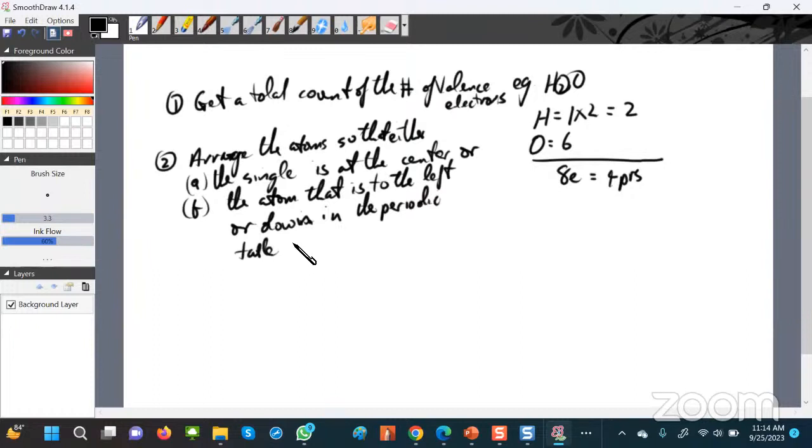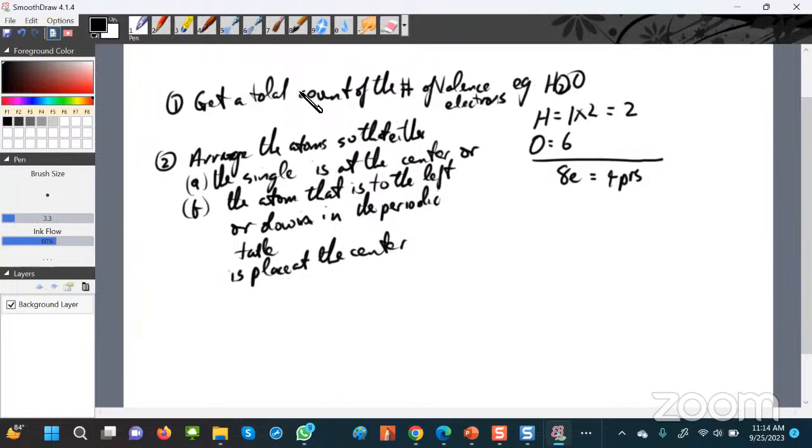Is placed in the middle. So let me write here, is placed at the center. All right, so basically, I hope this is not too confusing, but let me explain what this means.